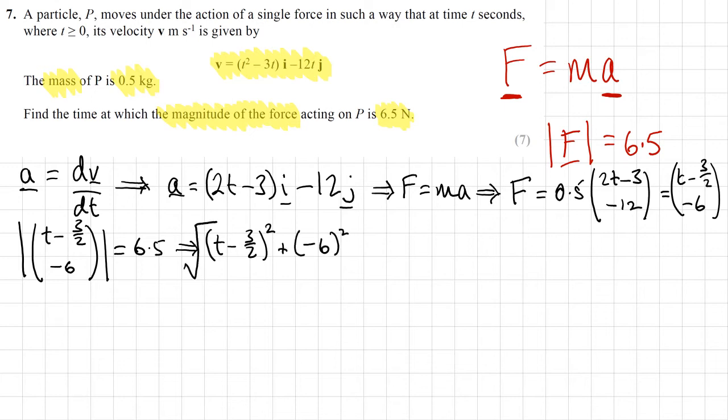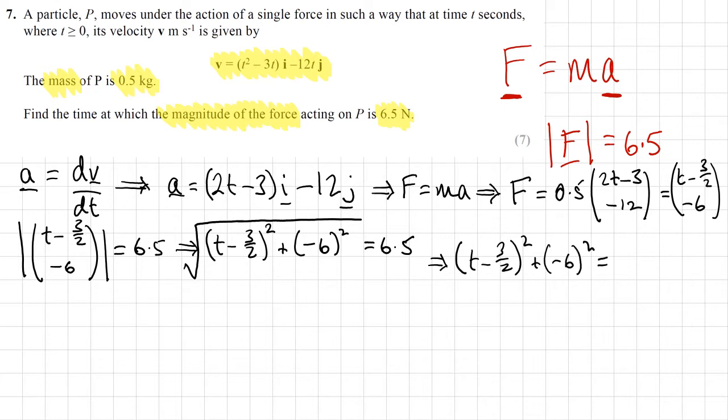The square root of that, all of that, is going to be equal to 6.5. So next step would be just to square both sides. So if we do that, what we'll have is t minus 3 over 2 all squared plus negative 6 squared is 6.5 squared, which is 42.25.